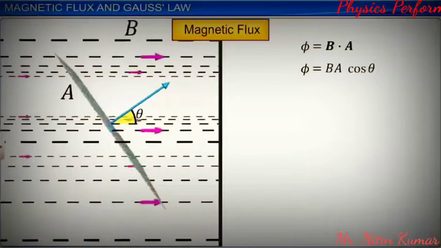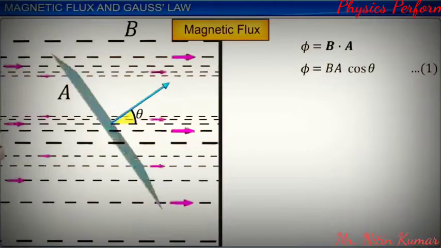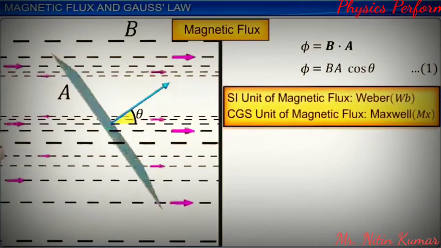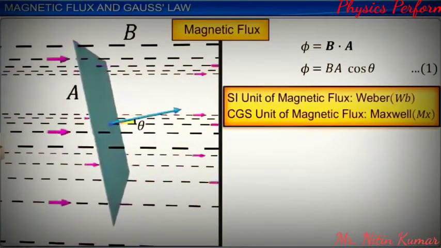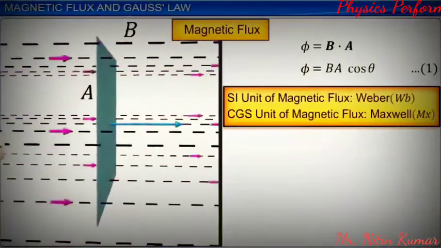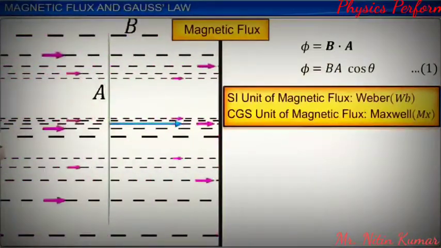Let this be equation 1. The SI unit of magnetic flux is Weber, and its CGS unit is Maxwell. Maximum magnetic flux passes through a given area when the area vector and the magnetic field are in the same direction.